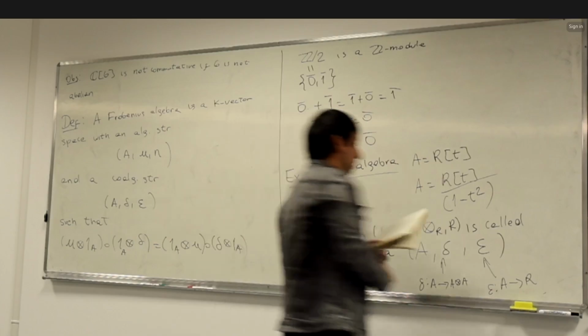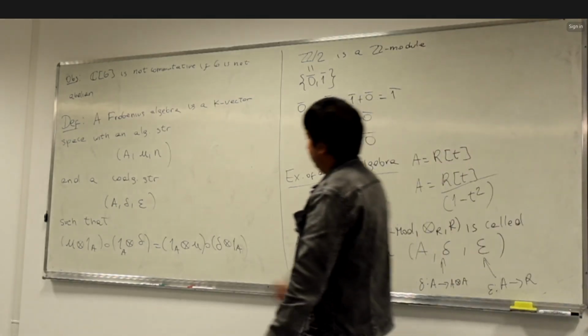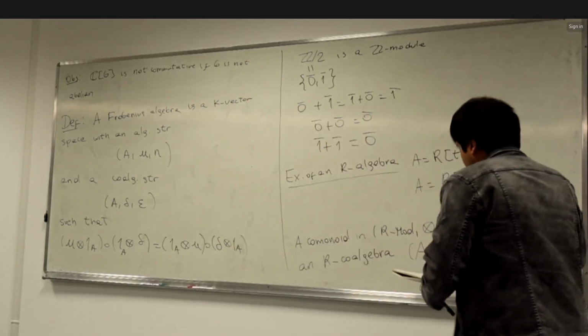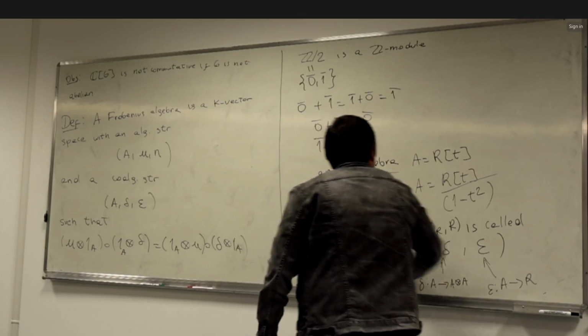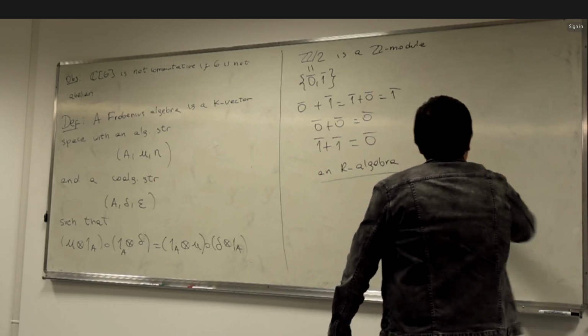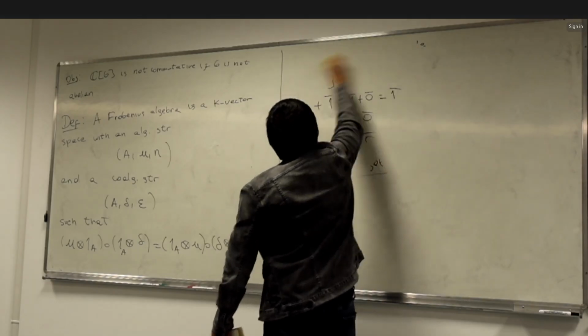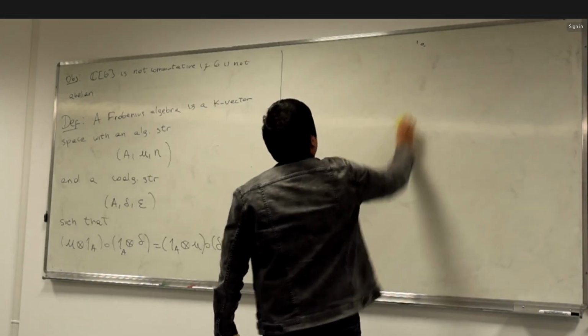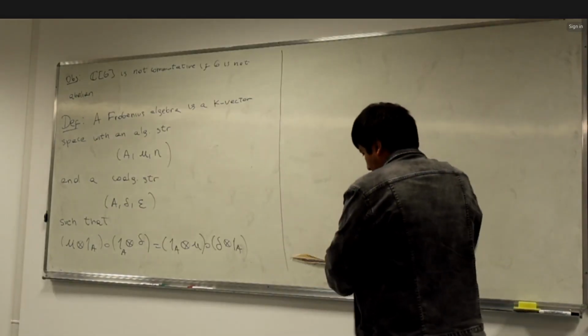Okay, so the algebra structure and the coalgebra structure are somehow compatible by this equation. And more graphically, we have the following.